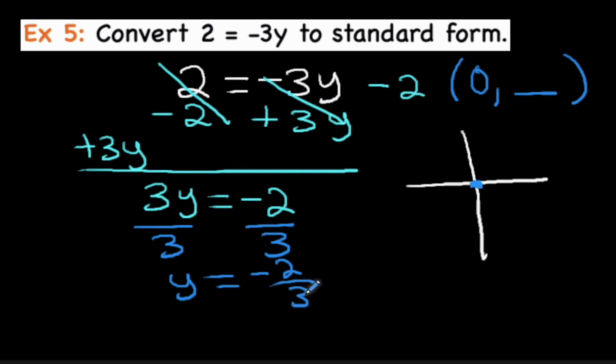And that equates to -0.6 repeating. So -0.6 is a little bit below 0, so it's like right here. And that means it's a horizontal line. It runs parallel to the x-axis.